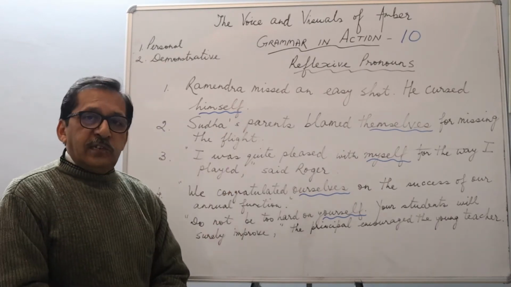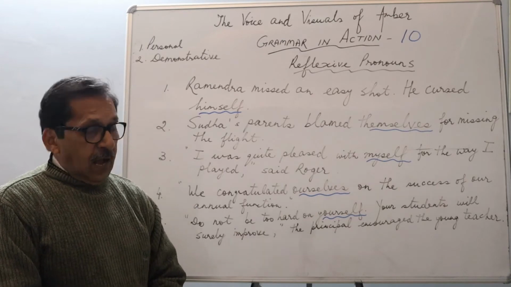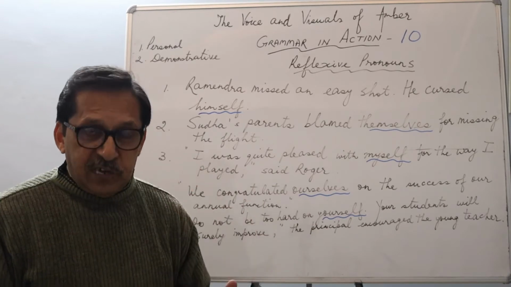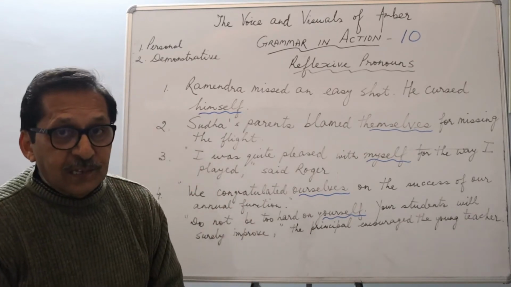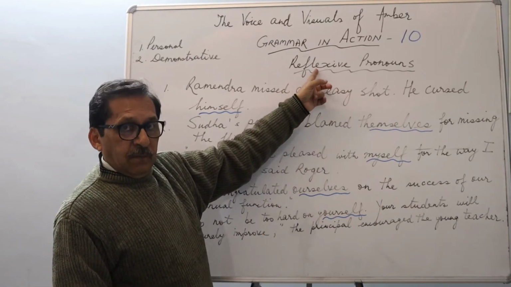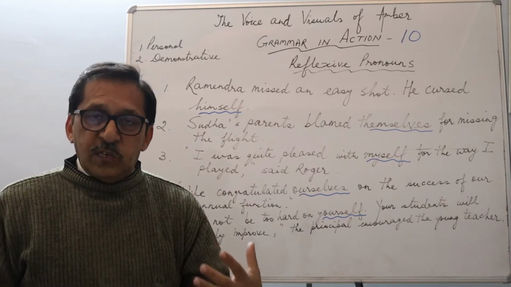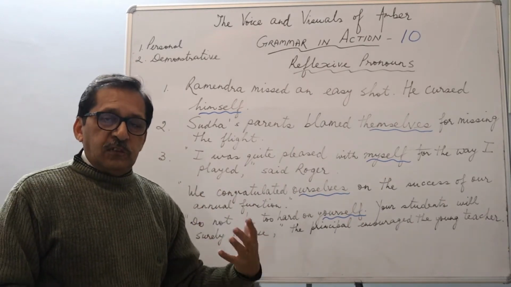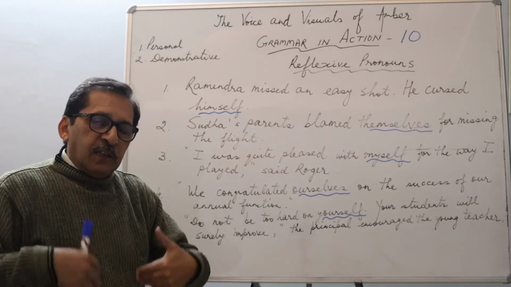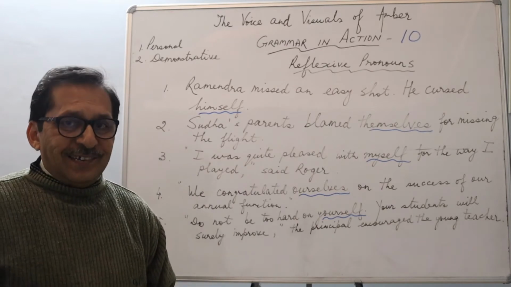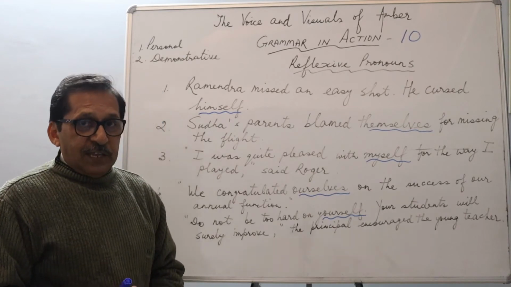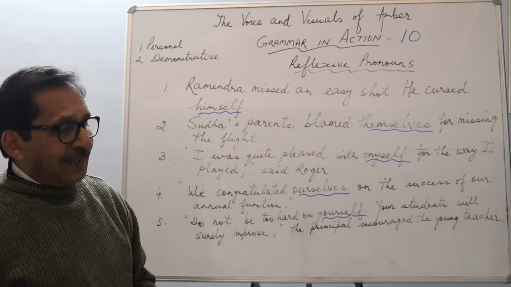Now today, we take up reflexive pronouns. Reflexive pronouns are pronouns that act as objects. They will never be the subject of a sentence, because it's very clear, it comes from the word reflection, meaning the action which is done by the subject or the doer is also reflected back on the doer himself or herself, meaning the doer is a sort of receiver of the action that we talk about in a sentence.